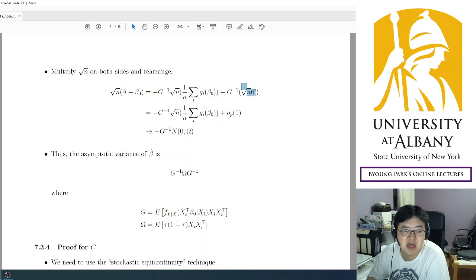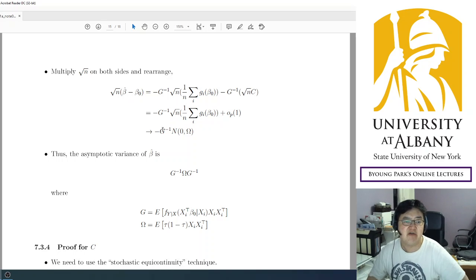And we assume that C is small o_p(1/√n), which means even if you multiply by √n, √n times C will converge to 0. So it is ignorable; it converges to 0.